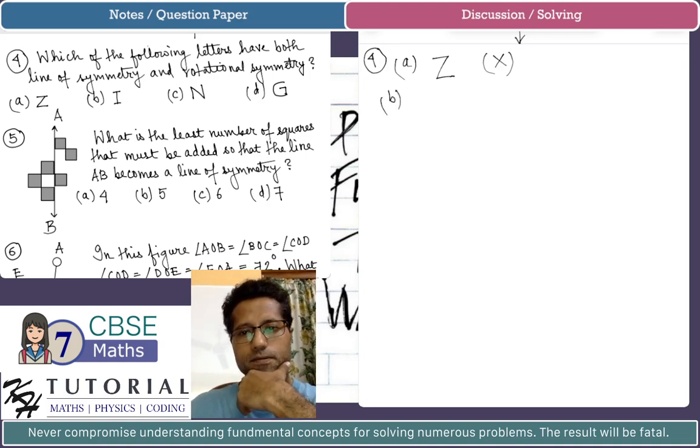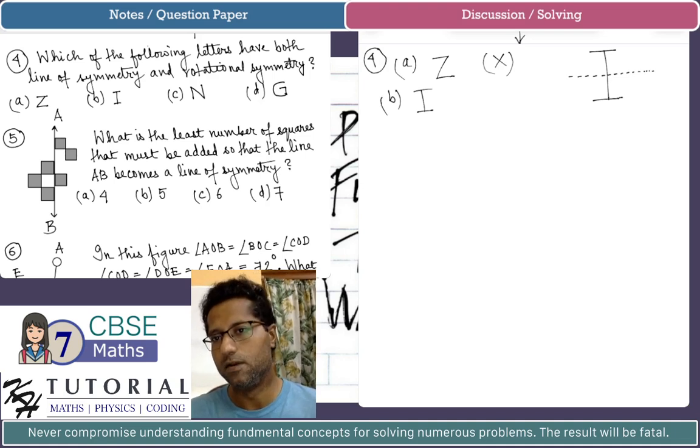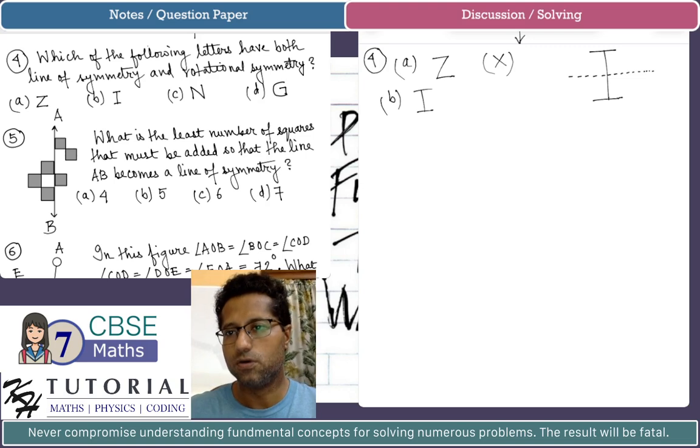Choice B is I. For I, we know that the letter I has two lines of symmetry: the vertical line bisecting the vertical line of the I, and also the vertical line of the I itself.